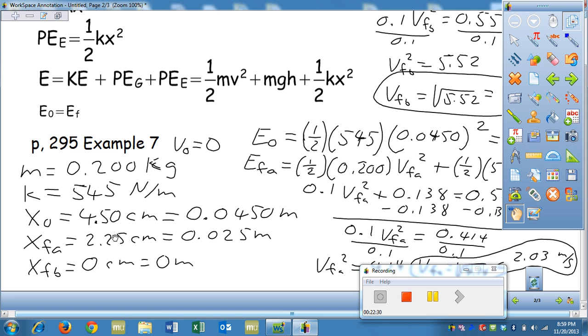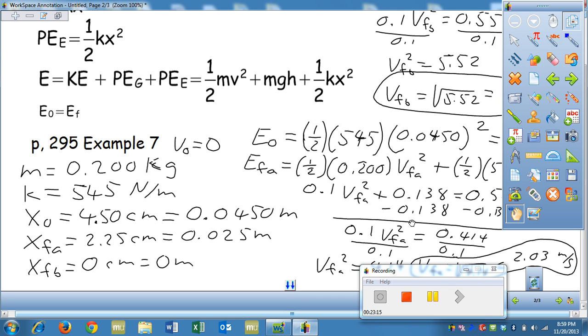Then the spring was let go for a little bit, and we can see that we lost some of the spring potential energy, but we gained some kinetic energy because it started moving, so we had to set those equal. In the final version, we got back to 0 centimeters, so we had no elastic potential energy left, nothing but the kinetic energy. And so we just set the energies equal, and that was the end of that.